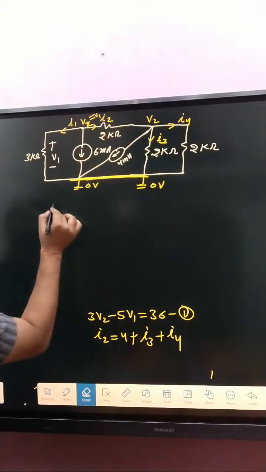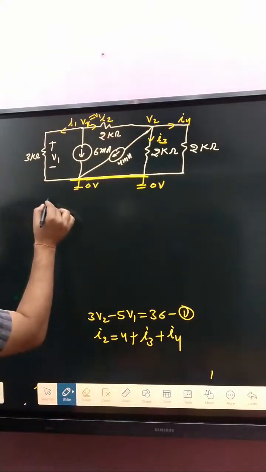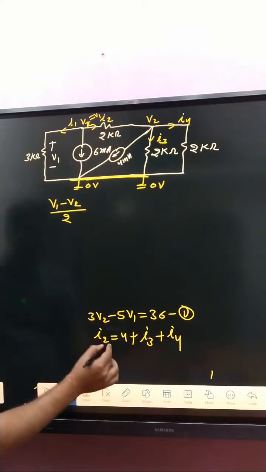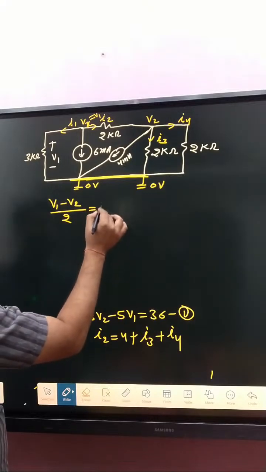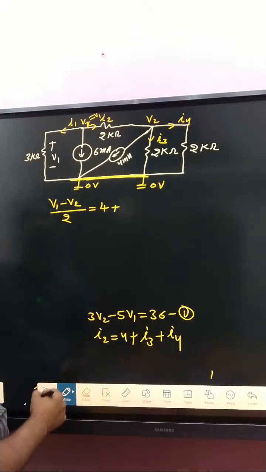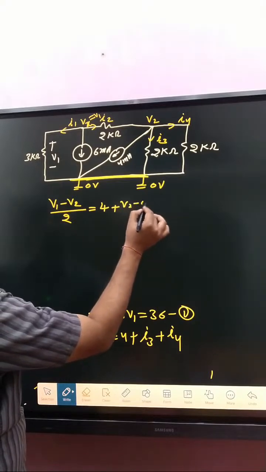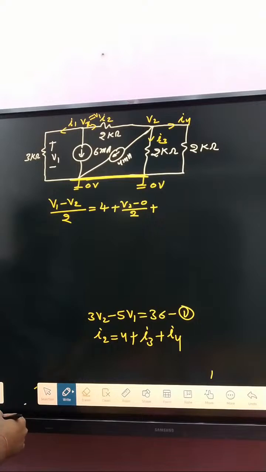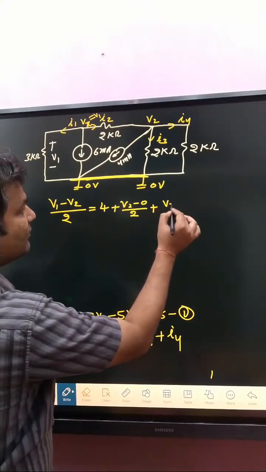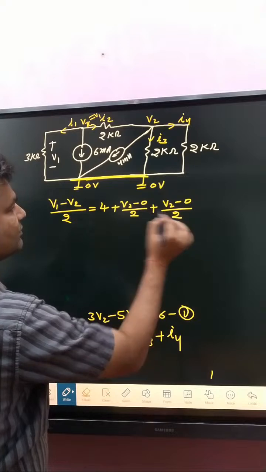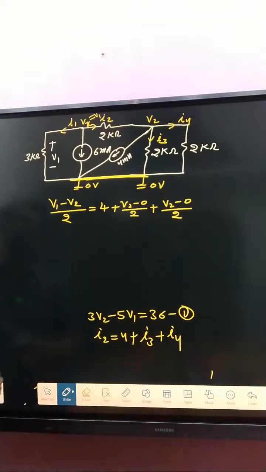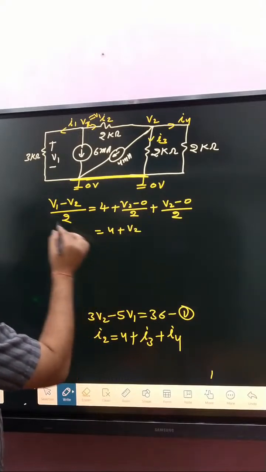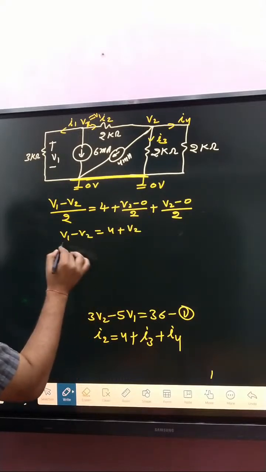V1 minus V2 divided by how much? 2. This will equal to 4. I3 is written as V2 minus 0 divided by how much? 2 kilo ohm. And what about I4? I4 is written as V2 minus 0 divided by 2. Okay, simply, that one is 4 plus V2 and that one is V1 minus V2 divided by 2.